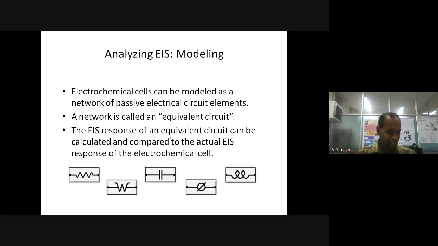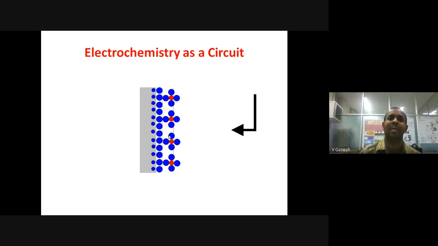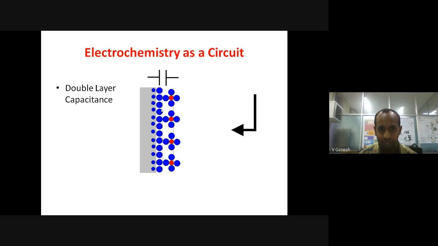Now, we fit the impedance measurement to different circuit elements. Why do we fit it to circuit elements? Because you can directly correlate the structure of the interface and directly measure quantified parameters. For example, you can correlate the electrode-electrolyte interface to different circuit elements. The moment you dip any electrode into an electrolyte, I mentioned yesterday that it forms a spontaneous double layer at the interface.